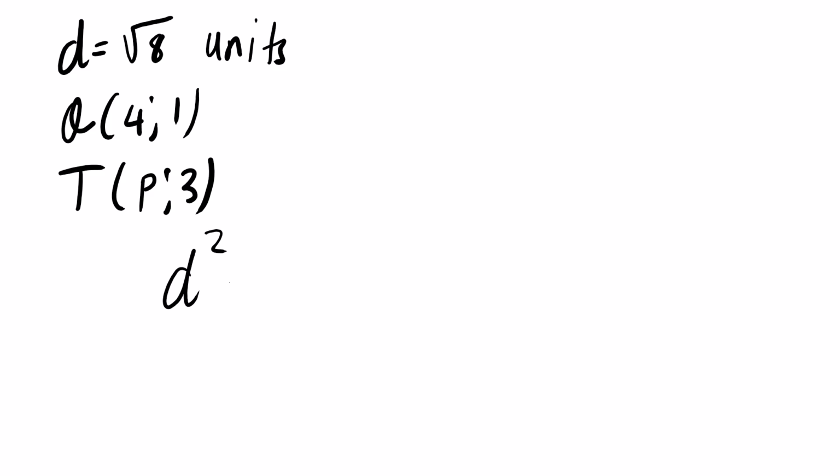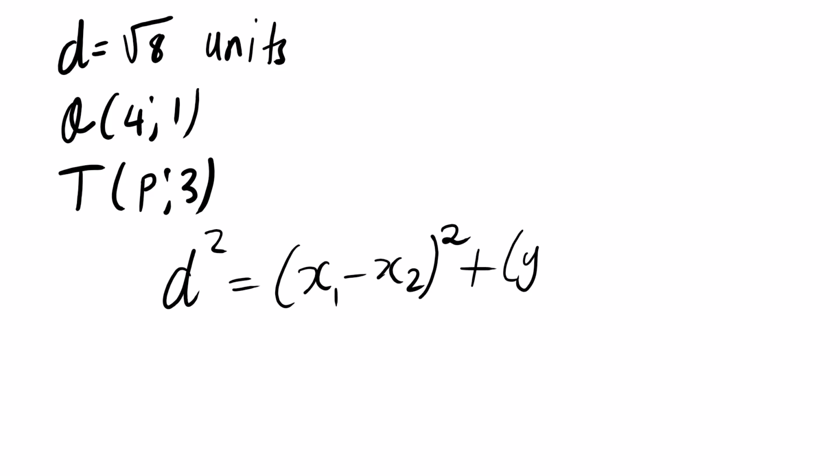So d squared is equal to x1 minus x2 squared plus y1 minus y2 squared.